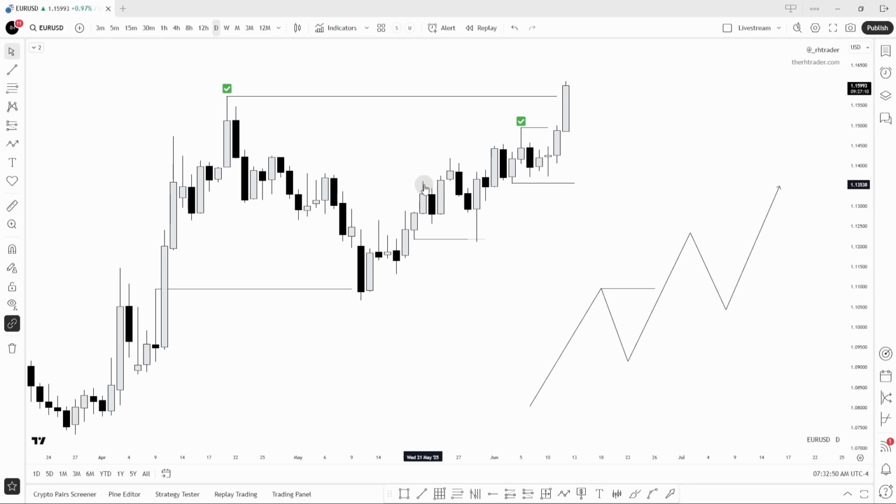And higher prices to where? To this specific high. Okay. We can also see that price took out these equal lows here, closed bullish, giving us another confirmation and a new invalidation point. Then price starts consolidating here, and Monday is when the new weekly candle opens.